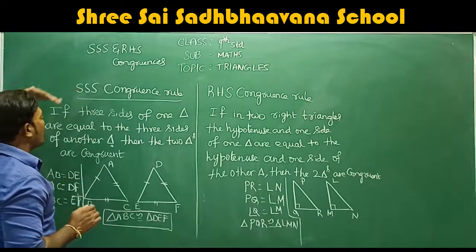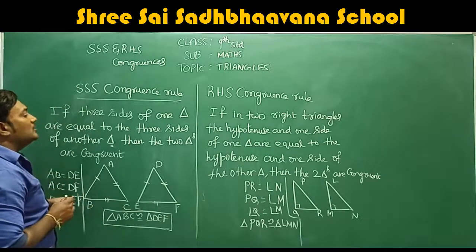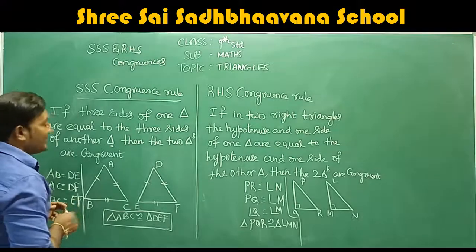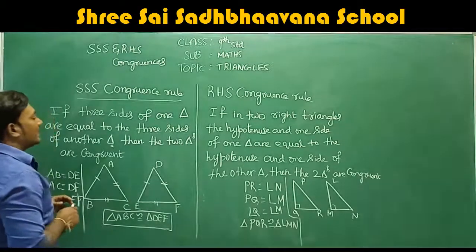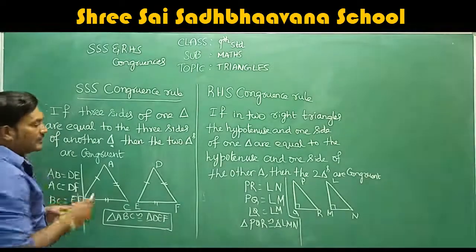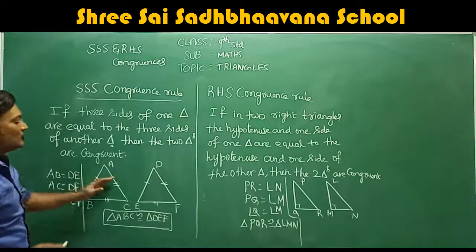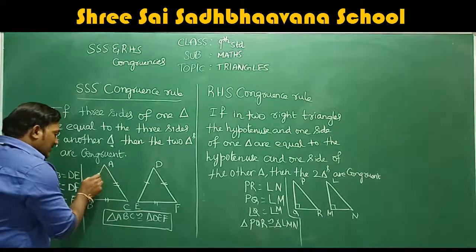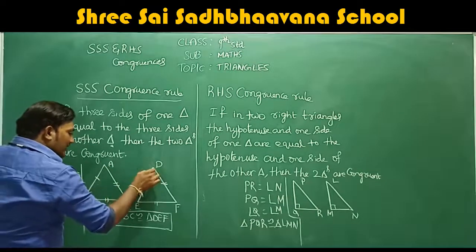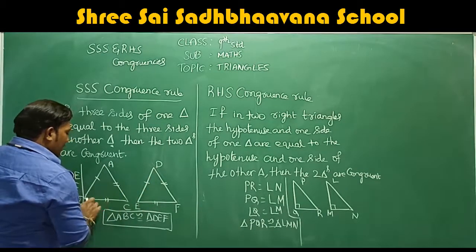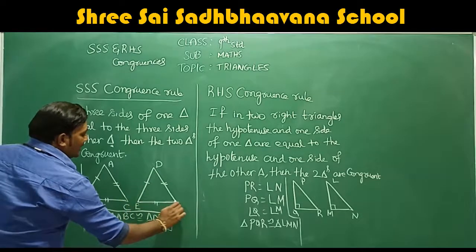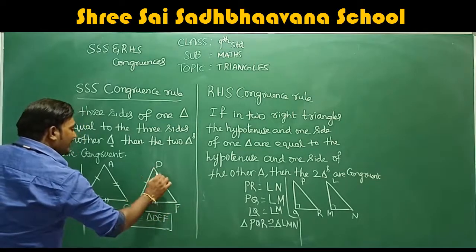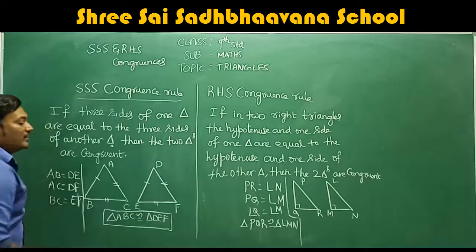I'll just repeat once again. If three sides of one triangle are equal to the three sides of another triangle, then the two triangles are congruent. It means in these two triangles, triangle ABC and triangle DEF, side AB is equal to side DE, side BC is equal to side EF, and side AC is equal to the corresponding side DF.